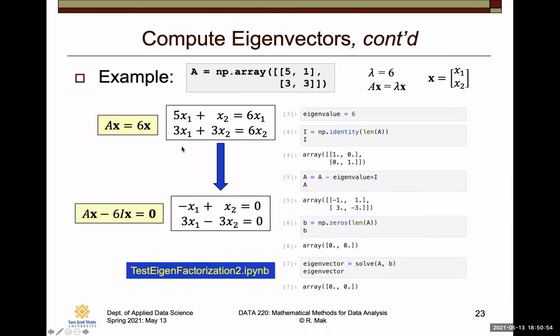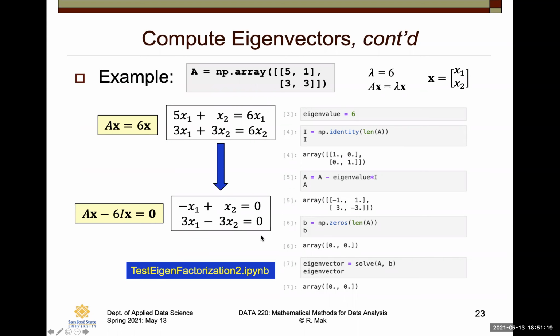What we're going to do is subtract 6X from both sides. So we subtract 6 from the 5 here and 6 from the 3 here, and we get this. What we actually did was AX minus 6 times the identity matrix times X, and that gives us this.